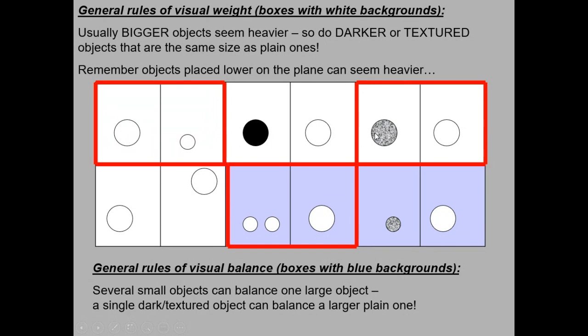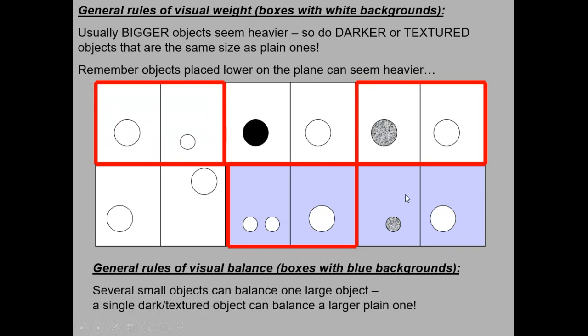So the darker or textured ones are exactly the same size as the ones to their right, but the dark one and the textured one feel heavier than this. We've already talked about the placement issue, so two shapes the same size, if one is floating up near the top and one is sunk to the bottom, this one will feel heavier.